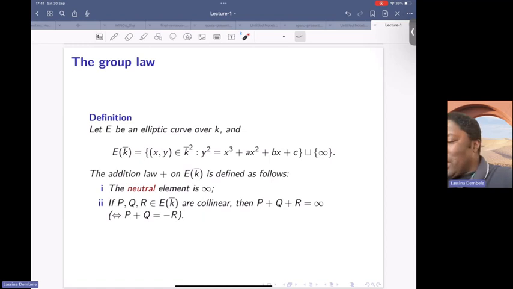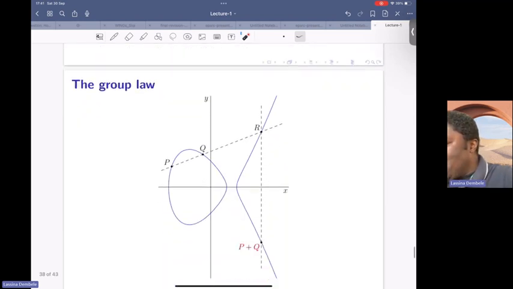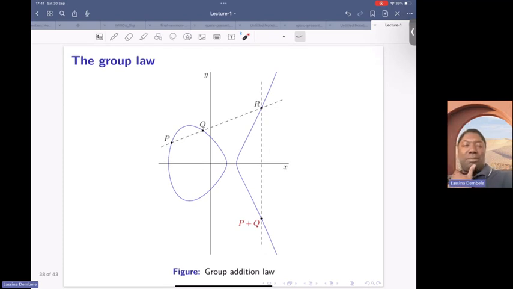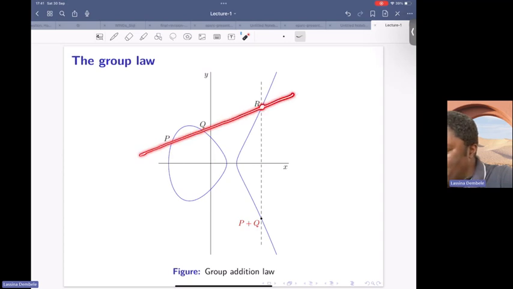It's often easier to illustrate this by a diagram. So basically what I just explained is the following. I have this elliptic curve, which is in blue, and then I have the points P and Q. If I want to add P and Q, I draw a line going through P and Q. Then I have the third point of intersection, thanks to the Bezout theorem.